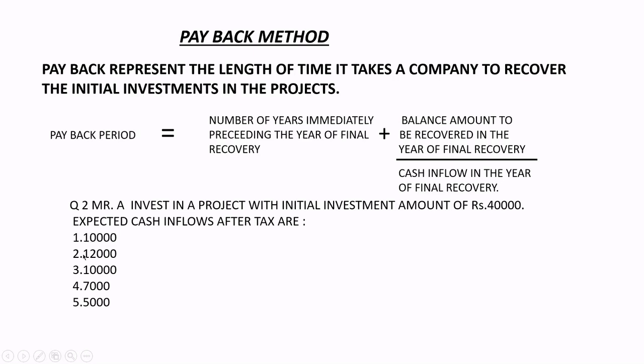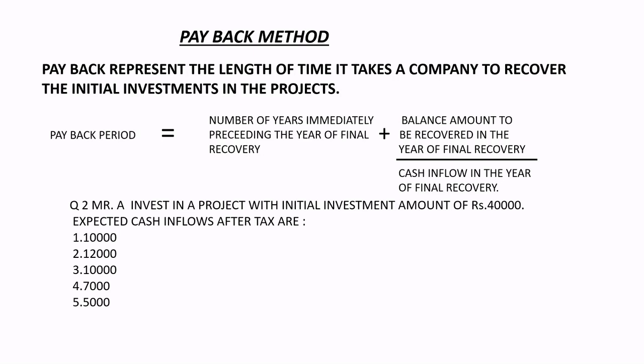In the second year he will receive 12,000 rupees, in the third year 10,000 rupees, in the fourth year 7,000 rupees, and in the fifth year 5,000 rupees. So these are all the cash inflows that I will get year by year after investing 40,000 rupees in a project. How can I calculate the length of time that this project will take to give me back my investment amount?